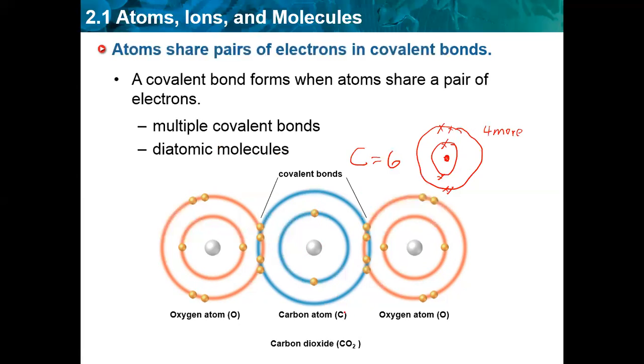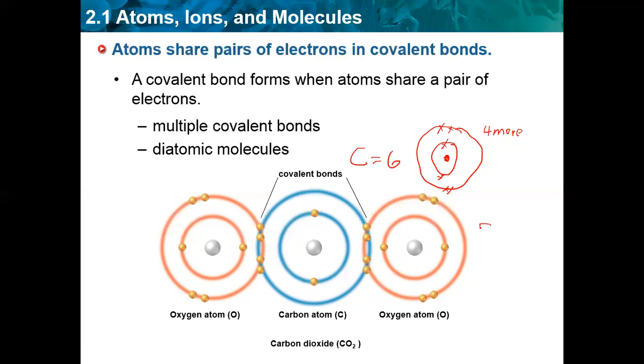The reason is, oxygen has an atomic number of 8. Now let's count it. We will know by counting it. It has 1, 2, 3, 4, 5, 6, 7, 8. So it has 8 electrons.